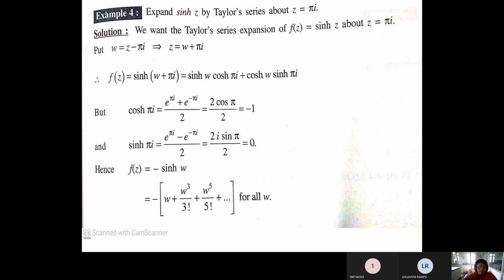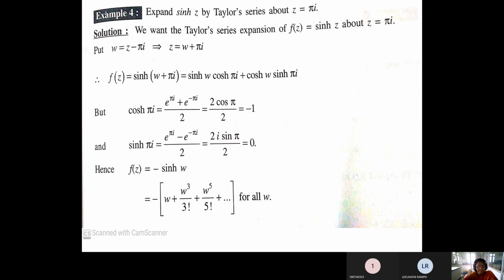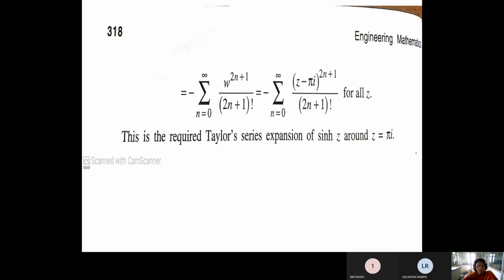Now substitute the w value. What is the w value? z minus pi i. You can write z minus pi i in the place of w. These series are written in sigma notation.